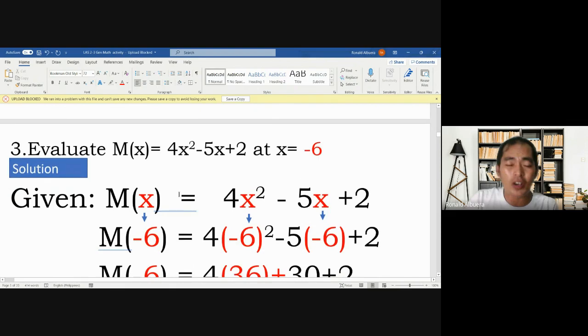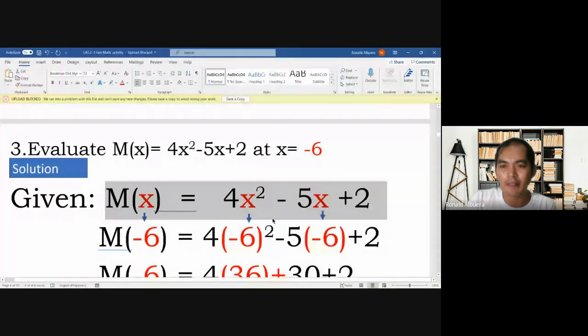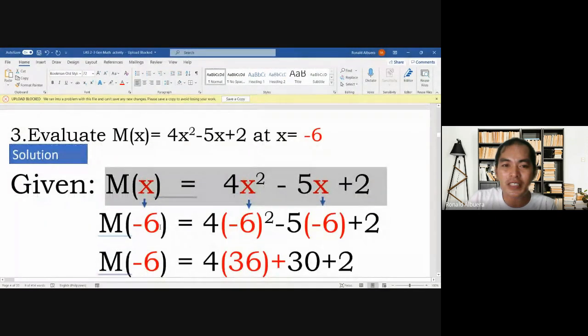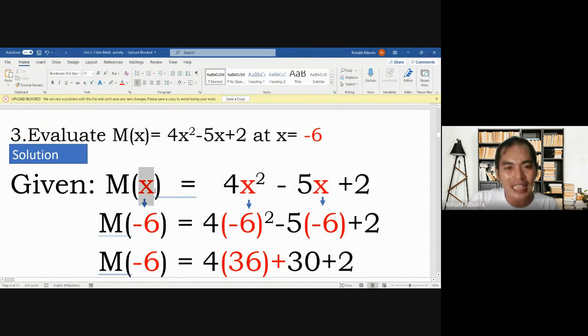Of course, sabi ko nga, ang laging first step is to write first the given before you substitute the value para makikita nyo na talagang kinakopya nyo yung original na function. Papalitan lang natin, nakita nyo dito, kulay pula, papalitan natin ng value na yung x na negative 6. Sa kabila din, yung x ng negative 6, pero may square siya. O, nakita nyo, may square.